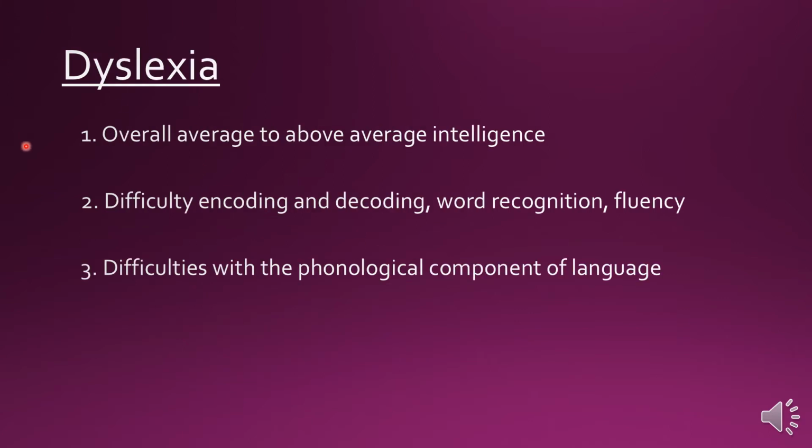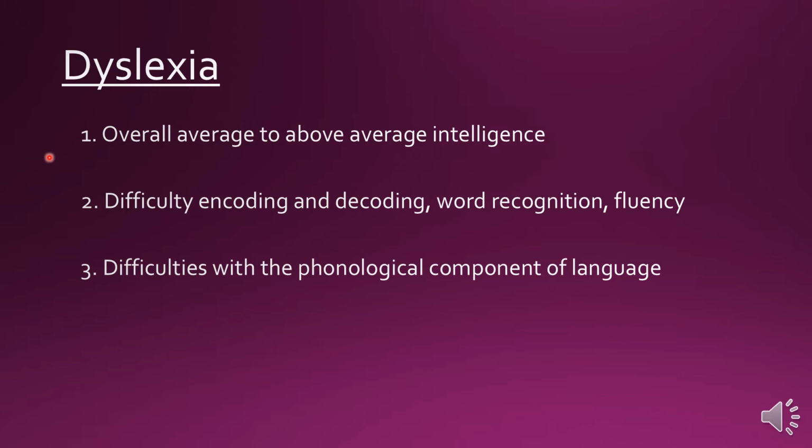Whereas with a specific learning disorder, you had some areas that were average and some that were below average. In dyslexia, your overall is average, okay? This would mean that if you have a student who qualifies as a slow learner, they will not qualify for dyslexia right out of the hat.